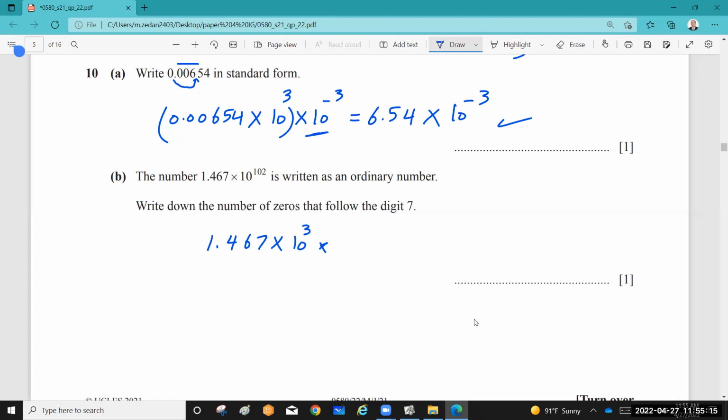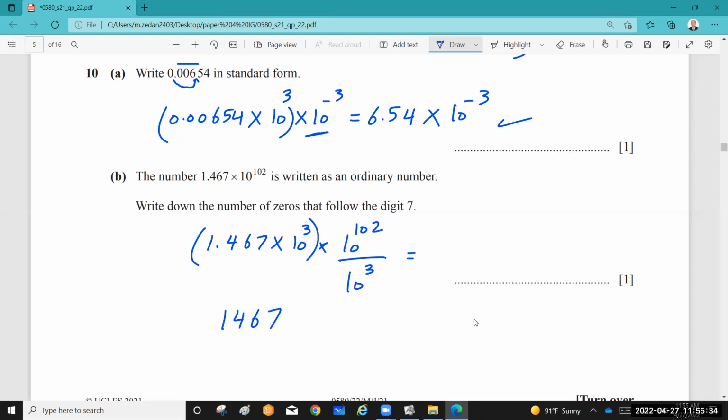You can write it as 10 to the power 102 divided by 10 to the power 3. Just multiply by 10 to the power 3 and divide by 10 to the power 3 to keep the value the same.